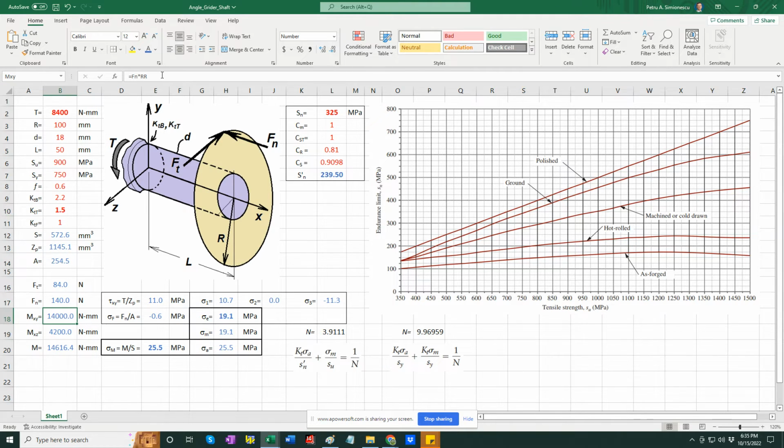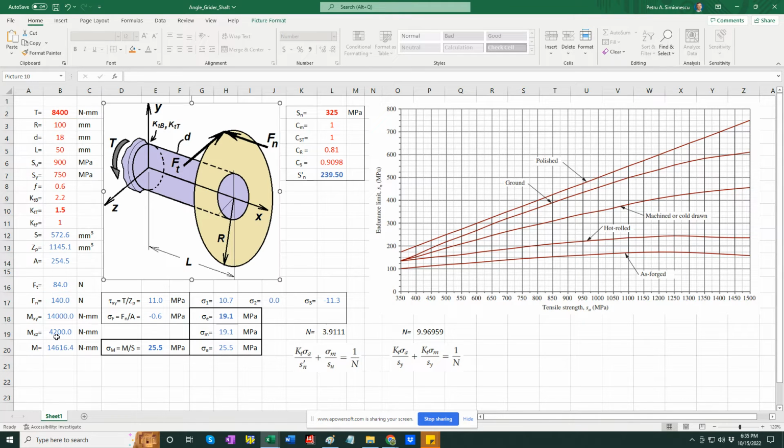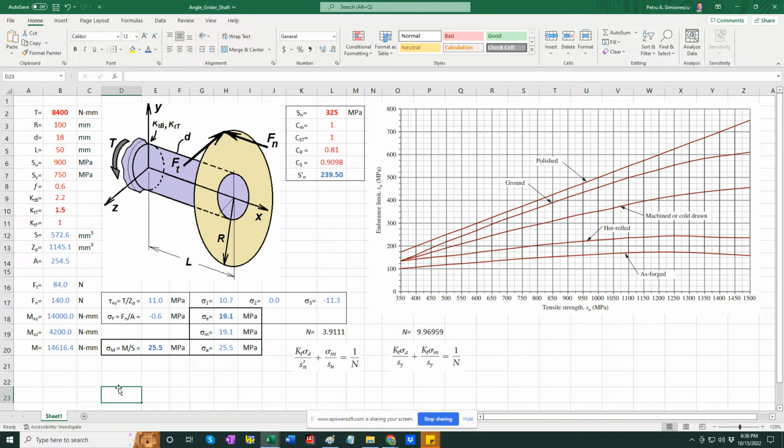Okay, so Fn times r, bending moment in the vertical plane, and then Ft times L, bending moment in the horizontal plane. These moments are at 90 degrees, so we sum them as orthogonal vectors, Pythagorean theorem, square root of moment in the xy plane squared plus moment in the xz plane squared.